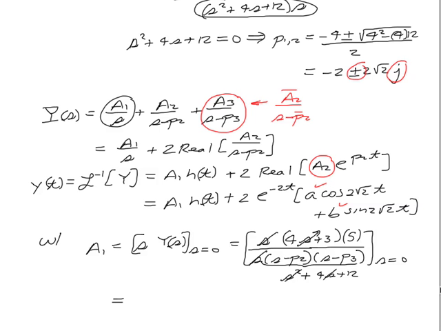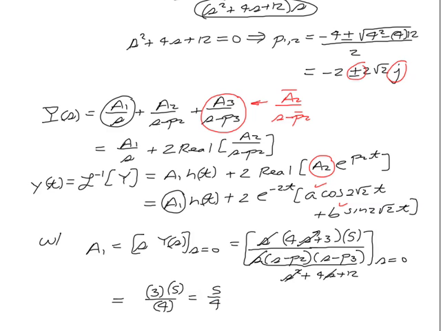I think my numbers are wrong here, but let me multiply it through and make sure that I get it. There's 3 times 5 divided by 4. Yeah, that's right. This is 5/4. So this is what a1 is right now.